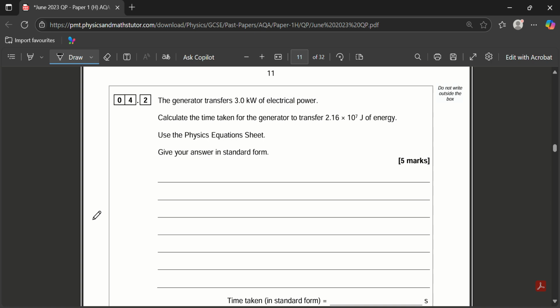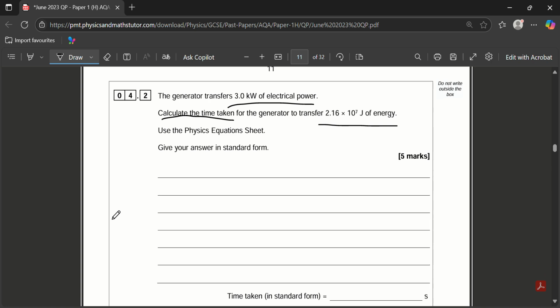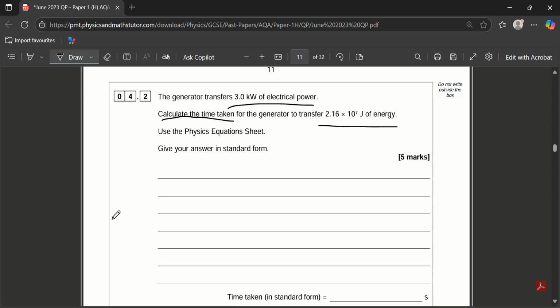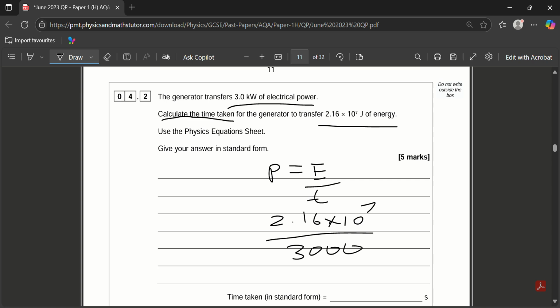Looking at this question, we have 3 kilowatts of electrical power transferred by the generator. Time taken to transfer it all, that's what we need to look for. This is how much energy is transferred. Use the physics equation sheet. Give your answer in standard form. We know that power equals energy over time. So I suppose it's just 2.16 times 10 to the 7 over the power. Don't forget to convert the units. It's in 3 kilowatts.